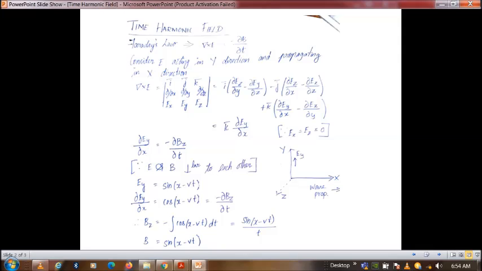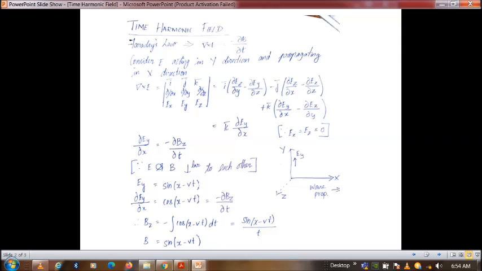But by Faraday's equation, dou Ey by dou x is equal to minus dou Bz by dou t, and so we equate cos(x minus Vt) to minus dou Bz by dou t. From this, Bz will be the negative integral of cos(x minus Vt) dt.